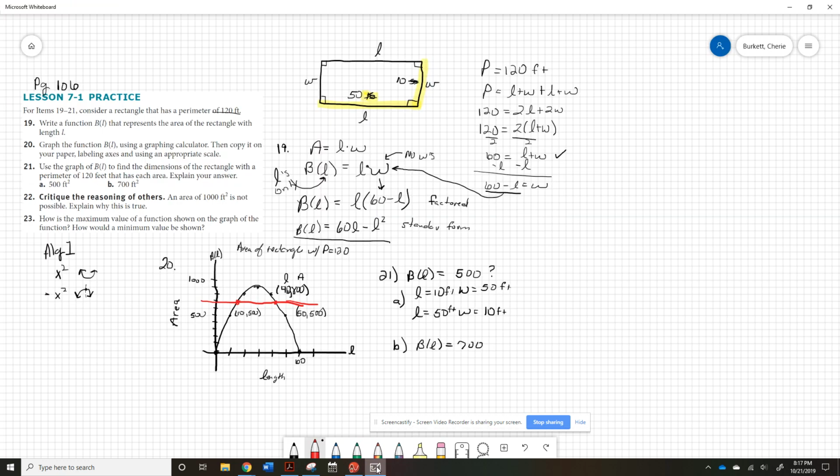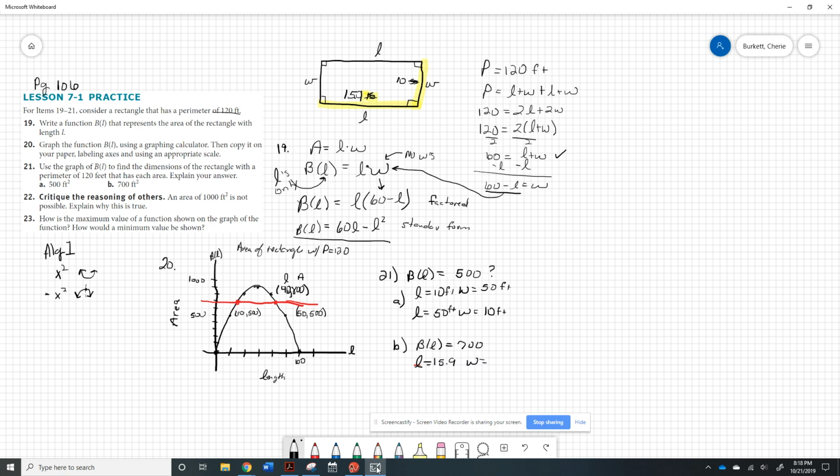So one of my answers down here is the length is 15.9. And again, if the length is 15.9, then what will the width have to be?